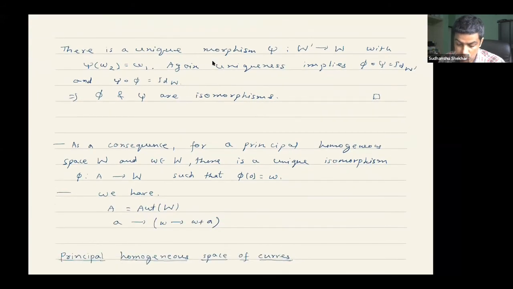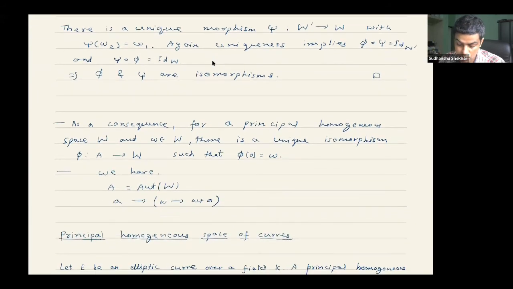So now, if you apply this, as I said, if I have an abelian group A, then A is also a principal homogeneous space. And if I have any other principal homogeneous space, given two elements, one from the first space and another from the second space, we get a unique map which takes one element to the other. So in A, we have a special element, the identity, actually the zero element since it's an abelian group.